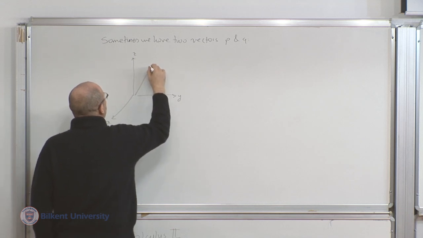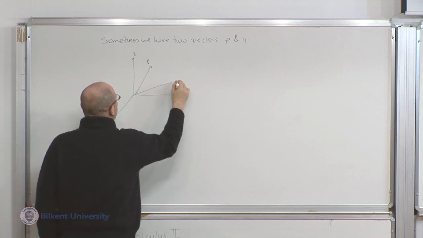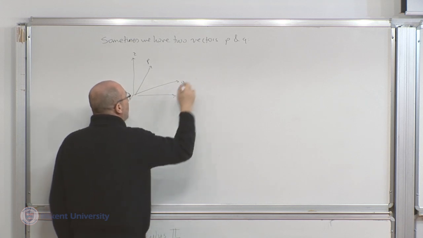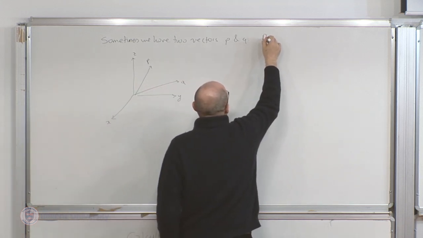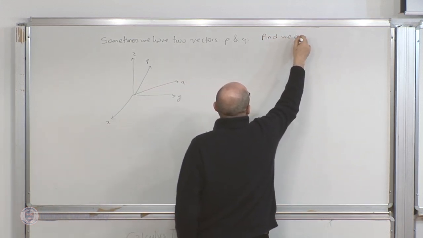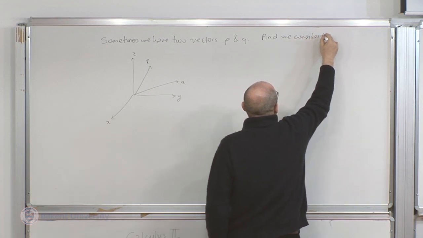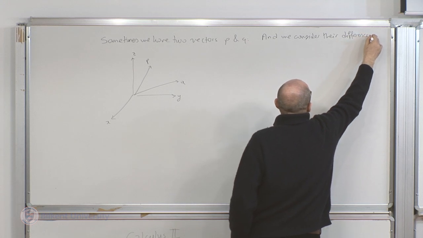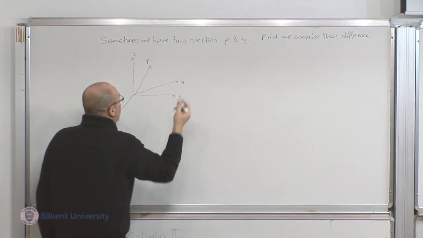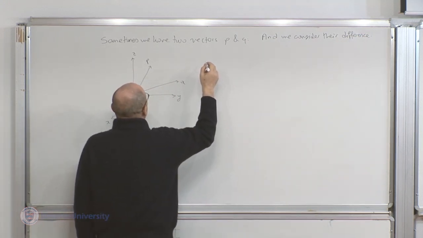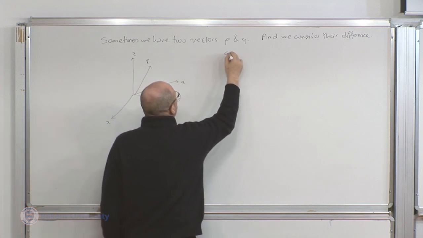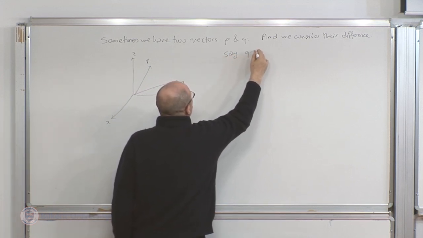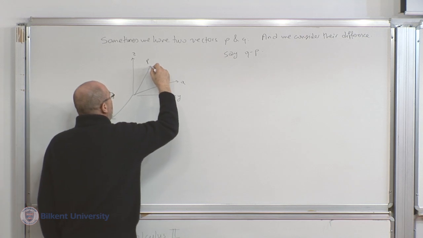So here is, say, P, here is Q, and we consider their difference, say Q minus P. Okay, and we draw it like this.